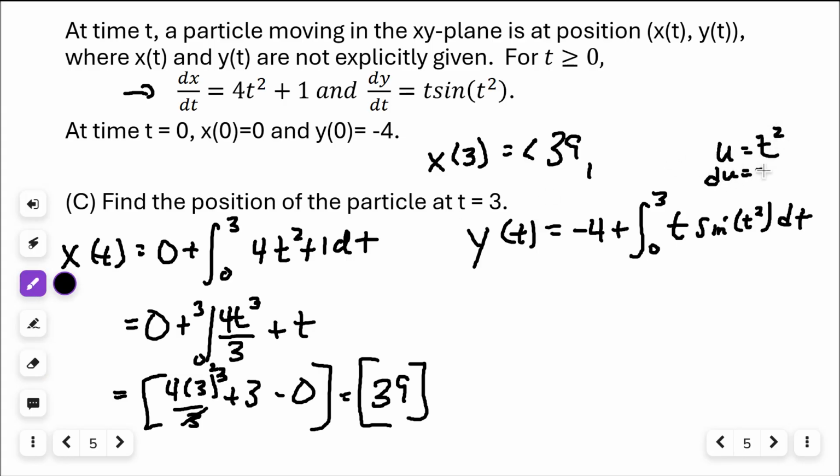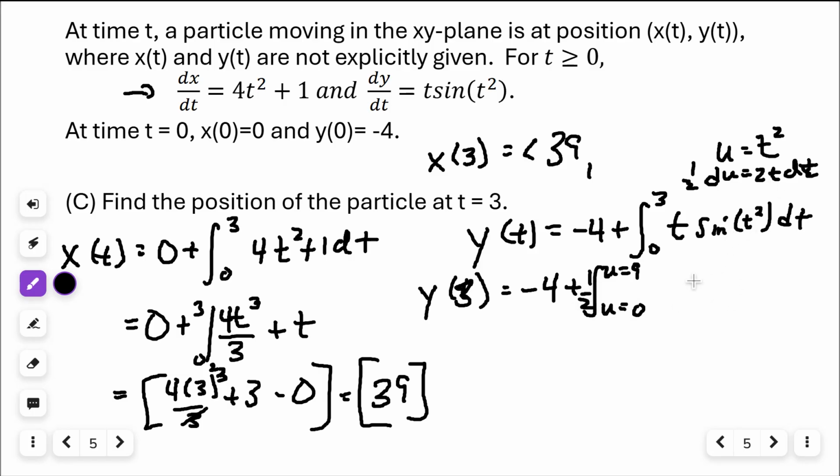And then du is 2t dt. Need a half for Beach Boys. So y of 3 would be -4 plus, let's change the bounds around. If t is 0, u is 0. If t is 3, u is 9. And we need a 1/2 out here. And we have sine u du.